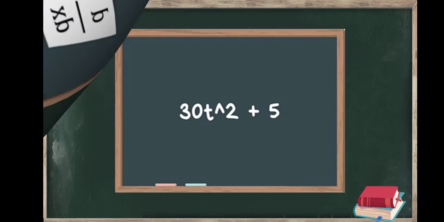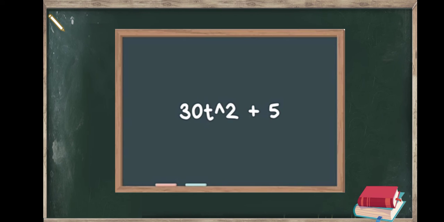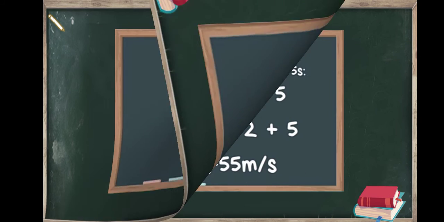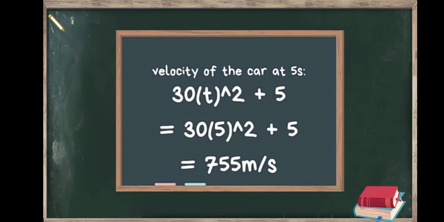So we get the equation 30t squared plus 5. To find the velocity of the car at 5 seconds, we just have to insert the value and finally get the velocity of the car, which is 755 meters per second.